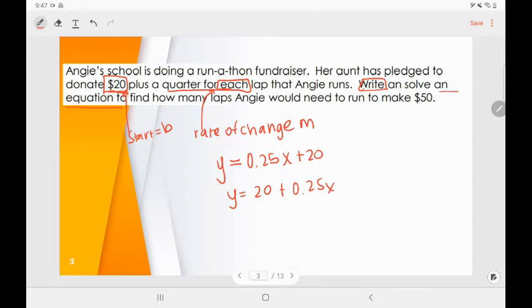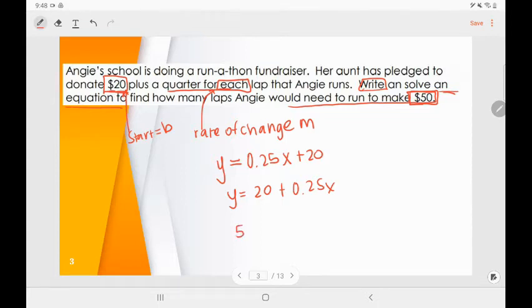Now, let's answer the second part of this question and solve the equation to find out how many laps Angie would need to run to make $50. You need to make sure you ask yourself, is $50 an input or an output? If she's making $50, that is an output. We input how many laps she runs, and we output the money.